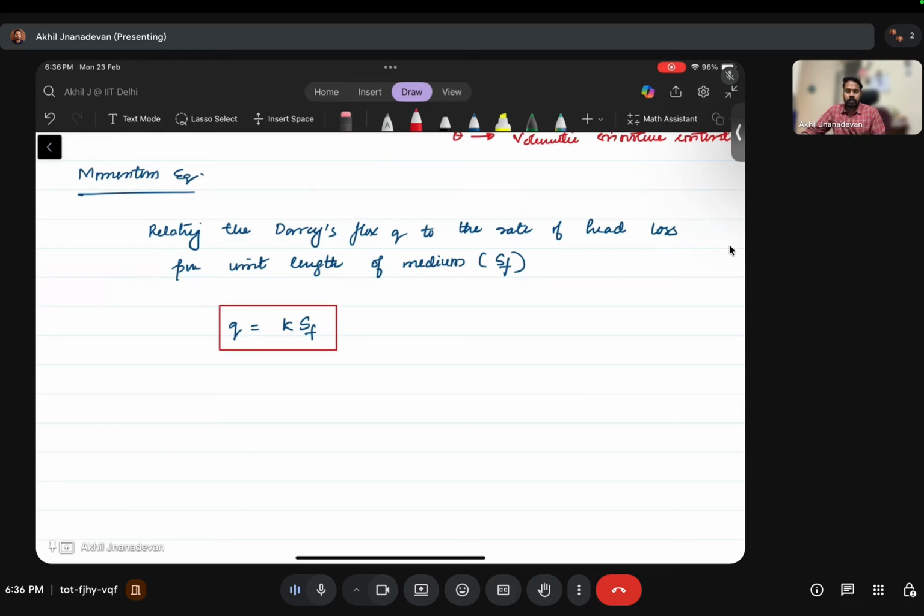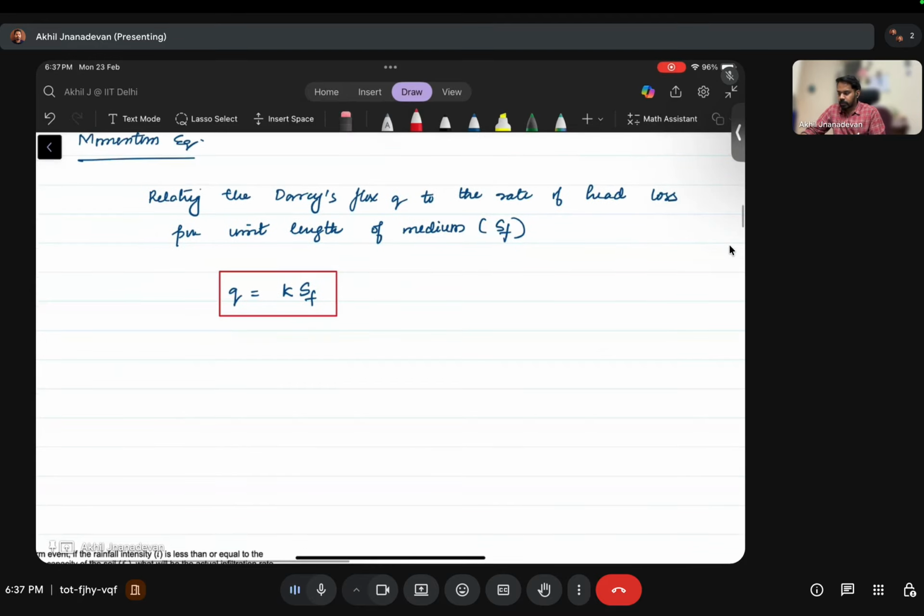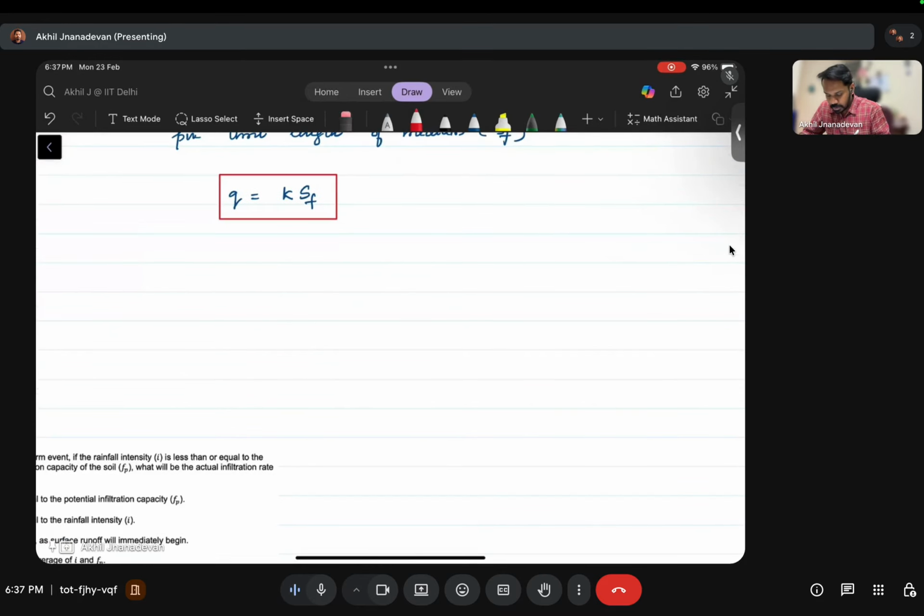The head loss is something we already saw, right? The change in head is driving this process. This particular flow is being driven by this change in head. So a constant multiplied by SF gives the Darcy flux. If we take two sections, we can simplify this as Q is equal to minus K into dou H by dou z, where SF is the rate of change of head in the z direction.